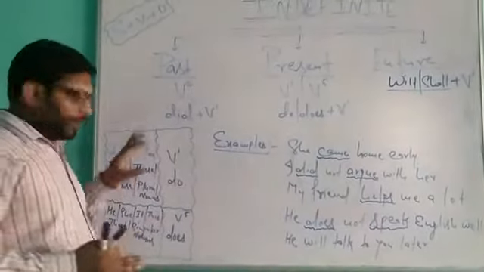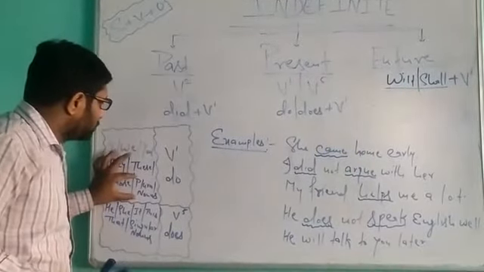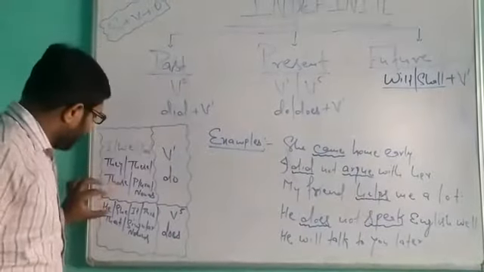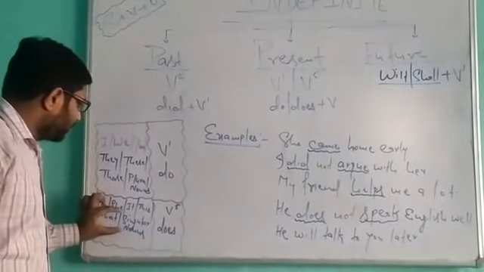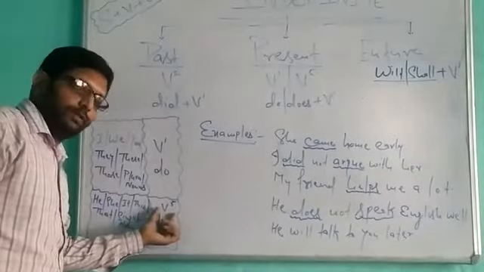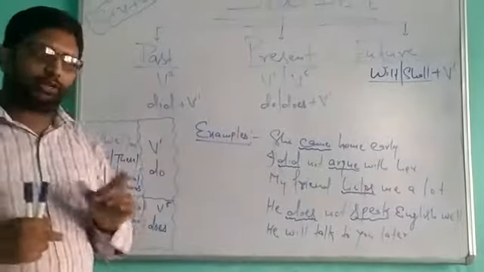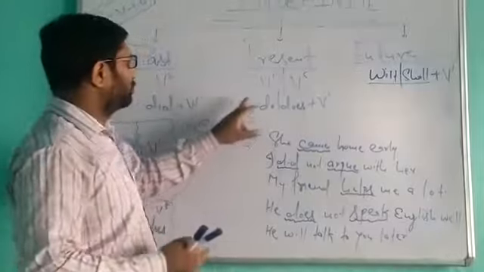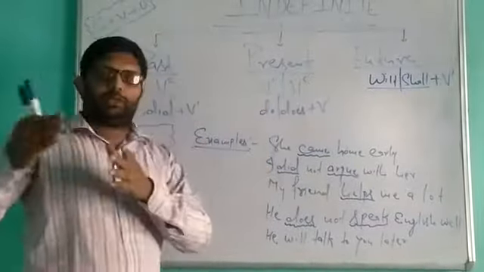Some more pronouns are there, but basically I have given you these. All these pronouns and plural nouns support the V1 form or do with them. And here all these pronouns and singular nouns support V5 in positive and does in negative. This must be kept in mind. I have given a very short chart so that you can enhance your understanding of the use of V1 or V5 with a particular subject, and do and does with a particular subject.